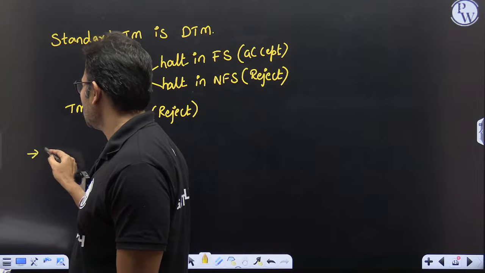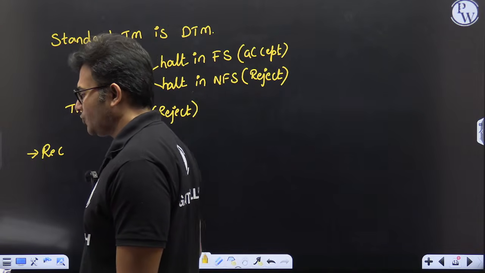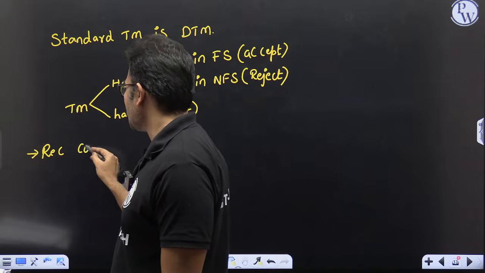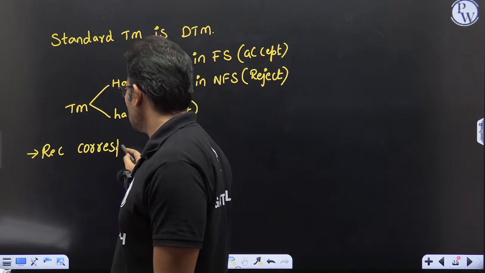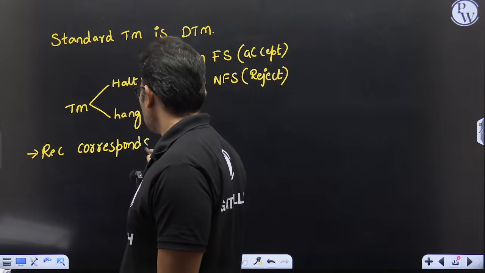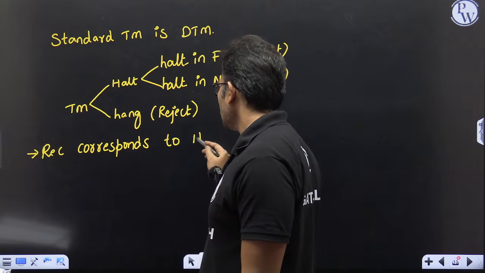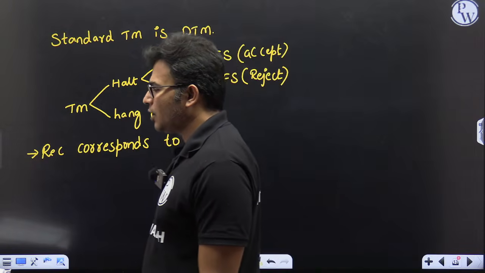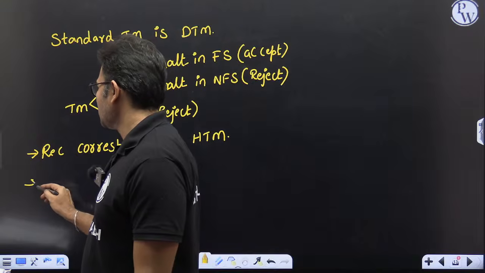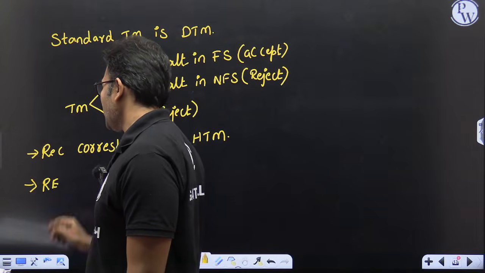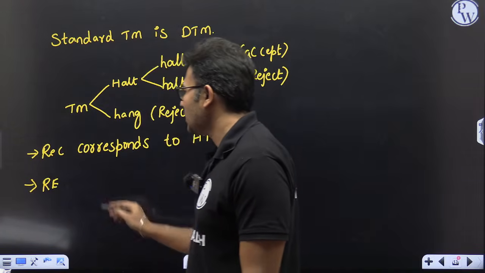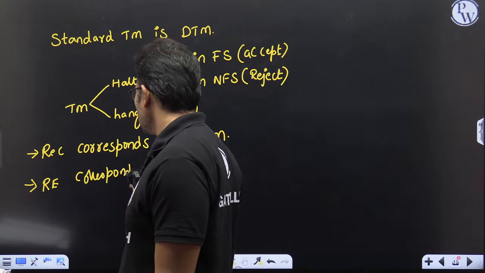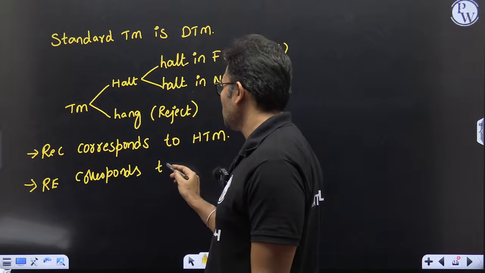So, if you look at recursive language, a recursive language corresponds to a halting Turing machine, and a recursively enumerable language corresponds to a Turing machine.